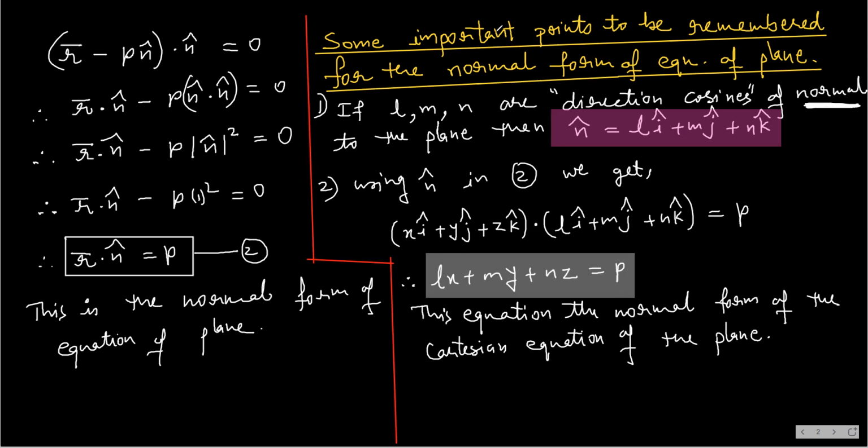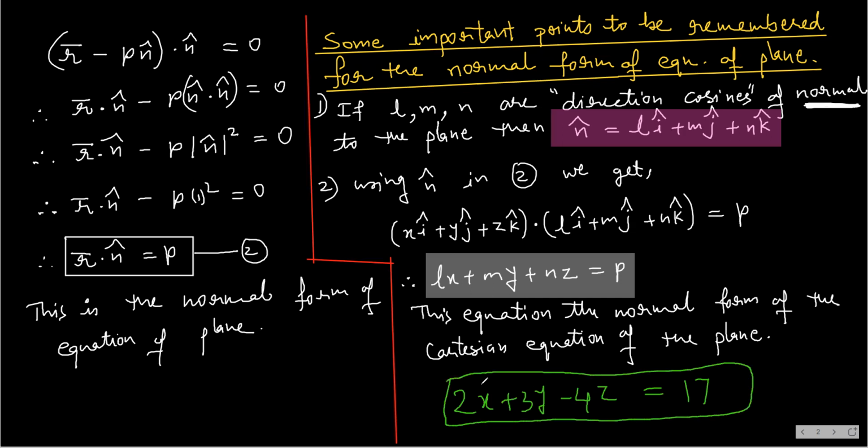See, if I write some equation, 2x plus 3y minus 4z equals 17, any such equation which is in the form of some coefficient x plus some coefficient y plus some coefficient z equals some number, that is ax plus by plus cz equals d, remember students, it is a plane.